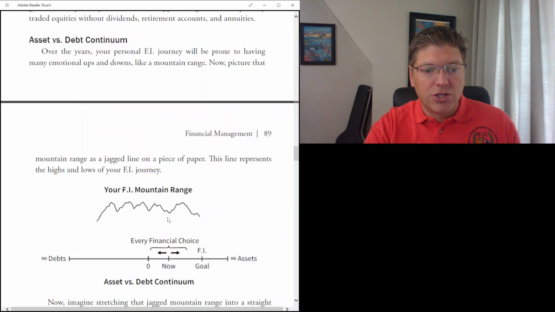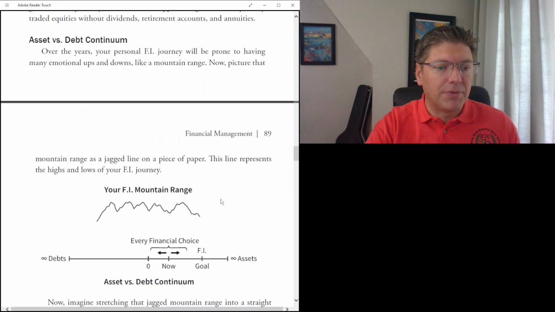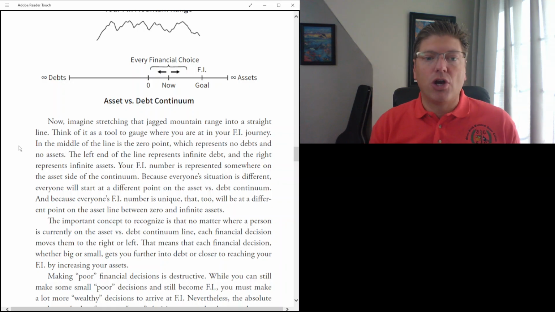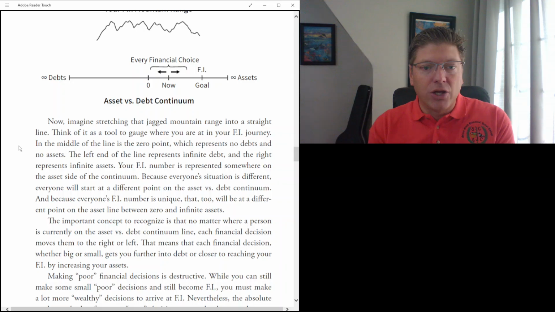So here's that jagged line, and as you go through time, you're going up and down. Okay, so now imagine stretching that jagged mountain range into a straight line. So you're taking this line right here and stretching it out into this continuum, this straight line. Think of it as a tool to gauge where you are in your FI journey.